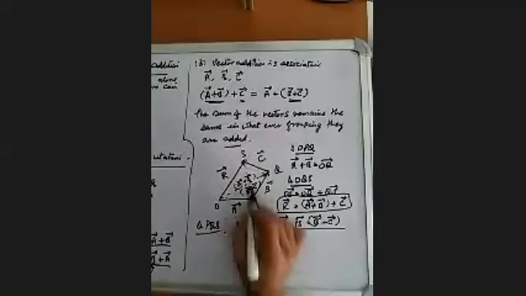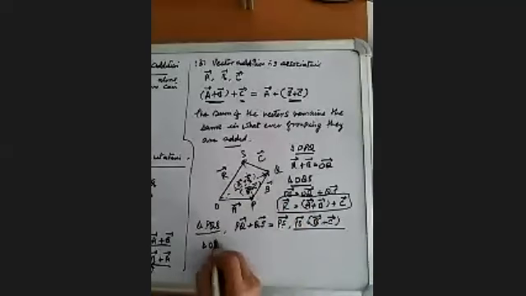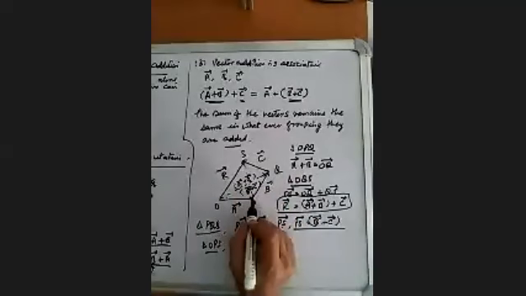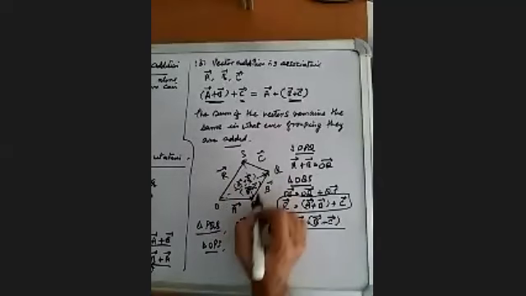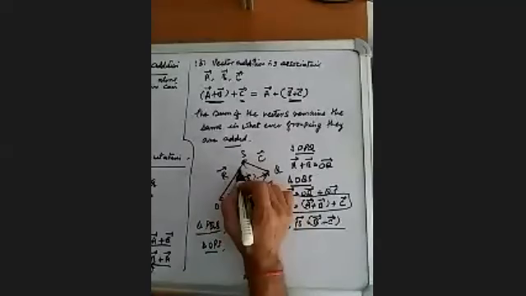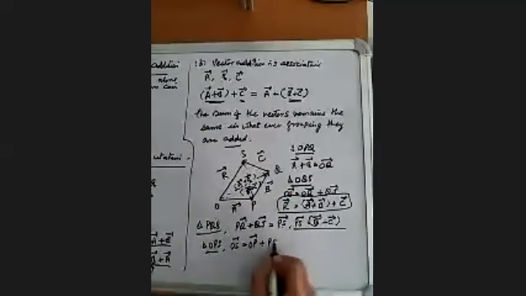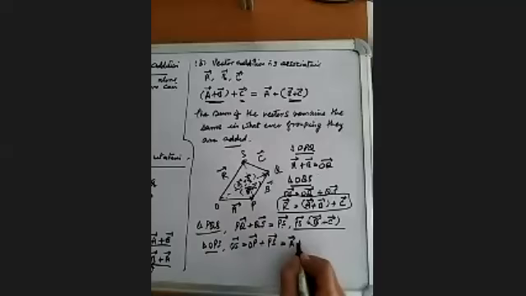Now triangle OPS. In this triangle, this OP vector and PS vector are in same order and this is in opposite order. So using triangle law, OS vector will be equal to OP vector plus PS vector. What is OP vector? A vector. What is PS vector? That is already known, B vector plus C vector.